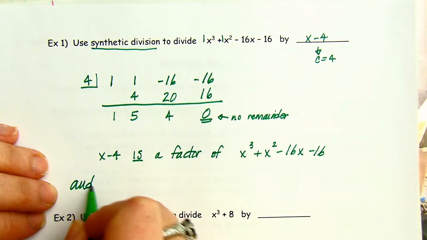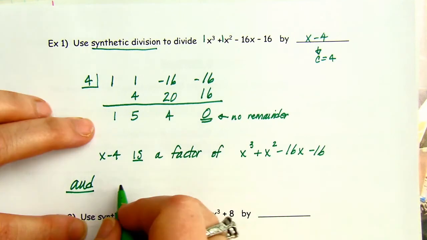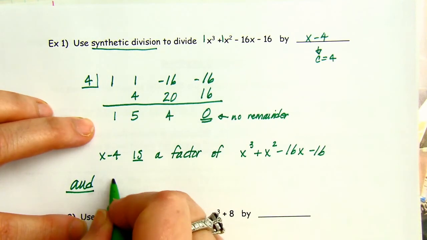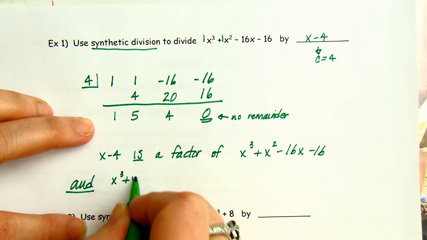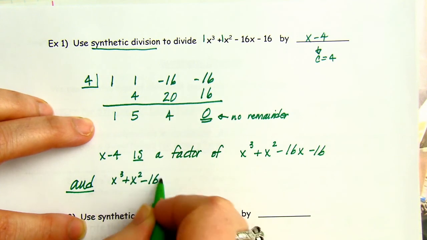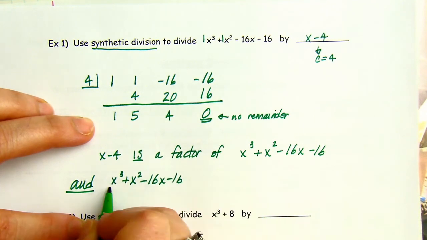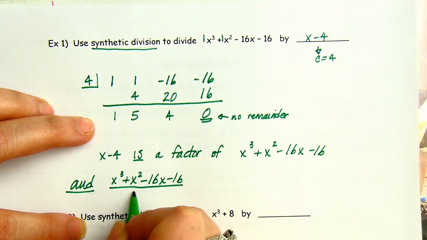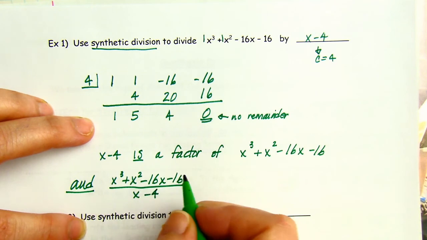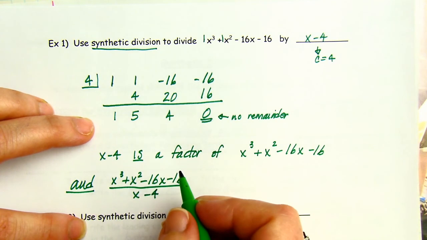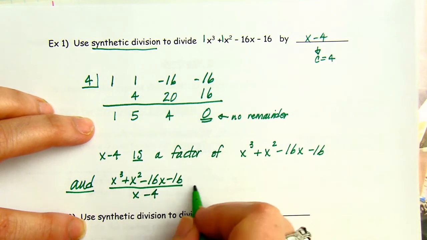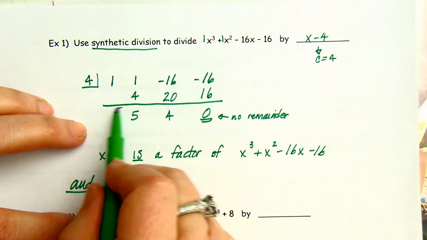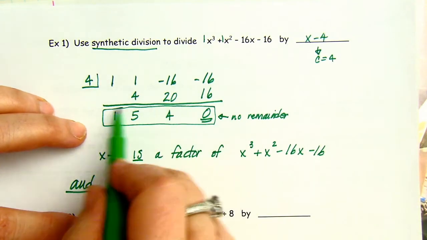And x cubed plus x squared minus 16x minus 16 divided by x minus 4 is equal to, I have to use this.